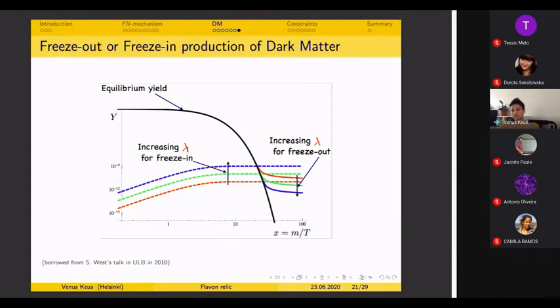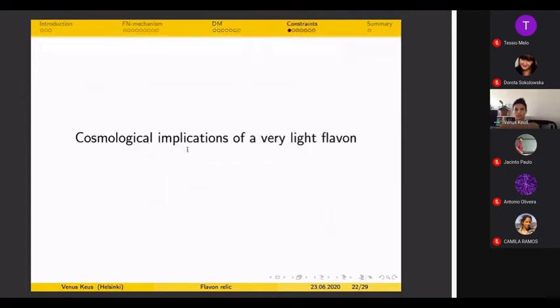It is decaying, but we want to see if it can contribute to the observed dark matter relic density. So before I go to the next bit, are there any questions? Good. Okay. I hope that means that everything's clear.